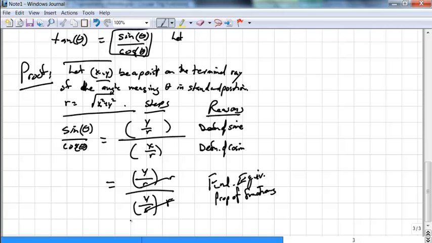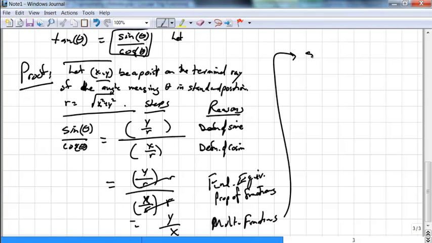The r's cancel out, and we get y over x. And that's a cancellation property, or just multiplying fractions. And then finally, y over x equals the tangent of theta, and that's the definition of tangent.